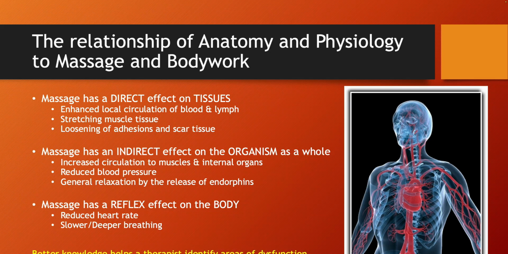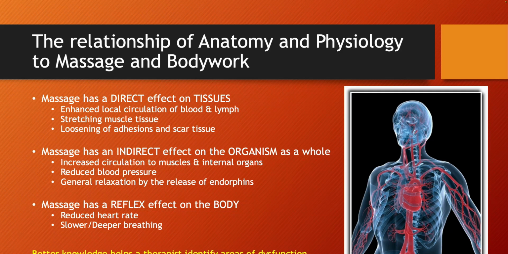All right, the relationship of anatomy and physiology to massage and body work. Why are we talking about this? Massage therapy has a direct effect on tissues. What does that mean? That means if we touch someone, it'll kind of start enhancing your circulation.